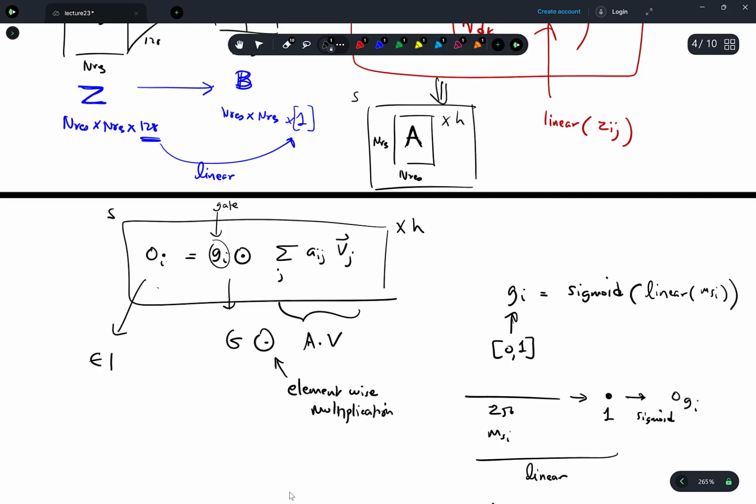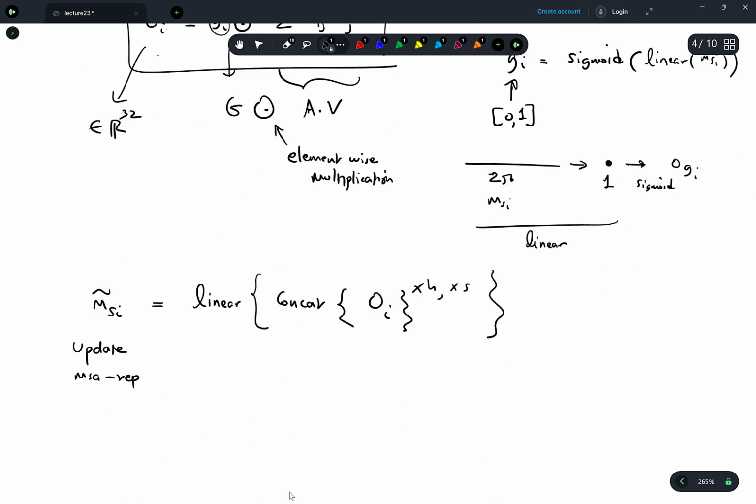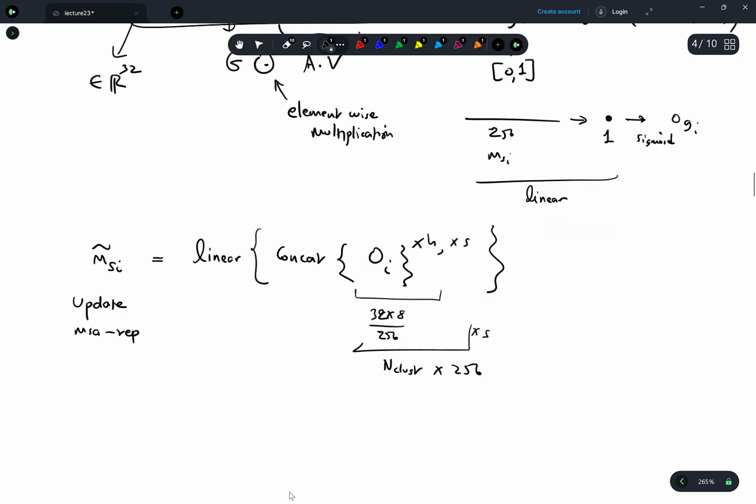So now what do we have? First you do 32 times 8, which is 256, and then you do it across S, which is now N_seq by 256. Now you take the N_seq by 256 and do a linear projection onto that, and the final thing should again be 256. So this is the final output.